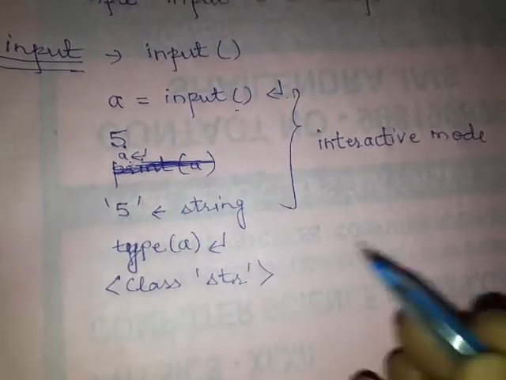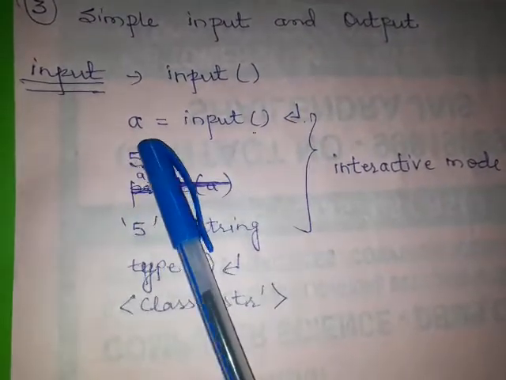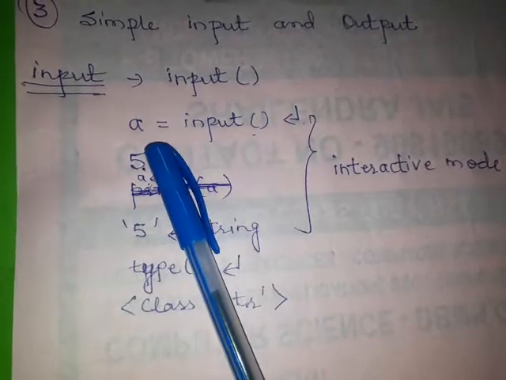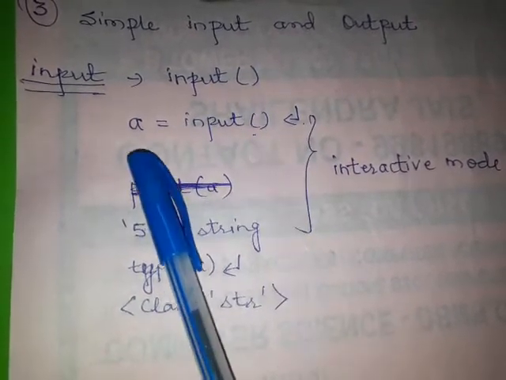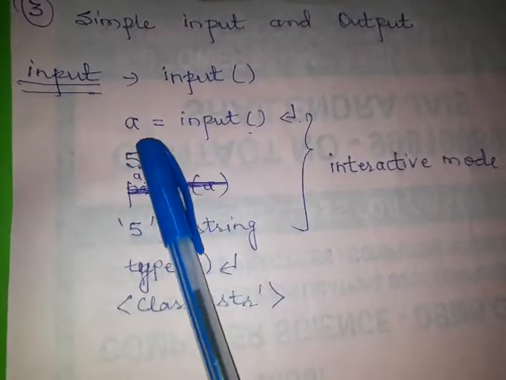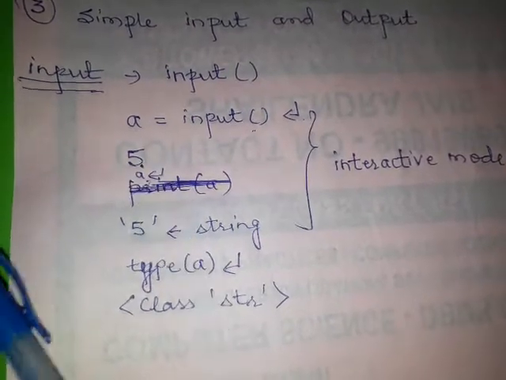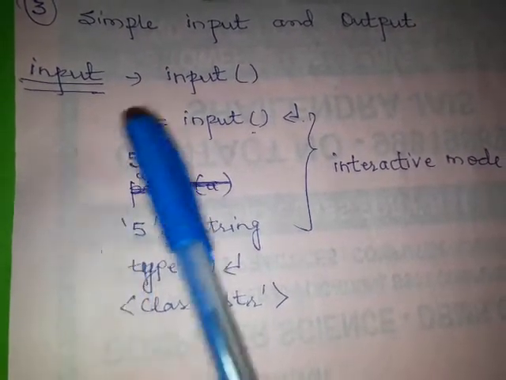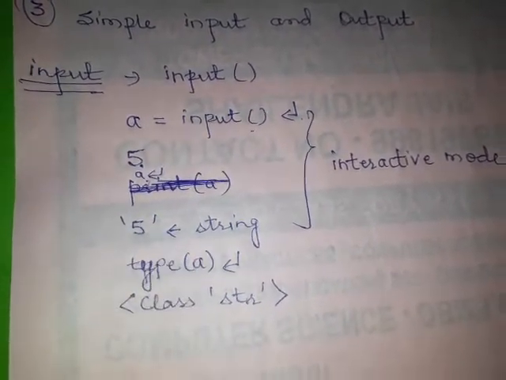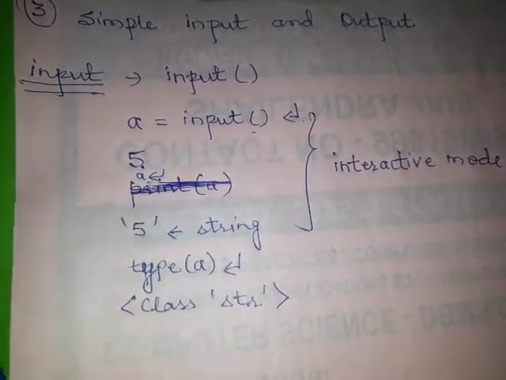So what does this mean? You are giving input to variable a through the input function, and when you give the value 5, it is an integer according to your knowledge. When you press a and then enter, it will give 5, written in single quotes.